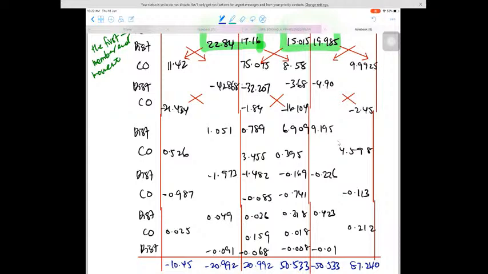This is correct because the total moment at joint C must again equal 0. And MDC is equal to 87.240. So this is actually the member end moment, or the internal moment, for the beam.